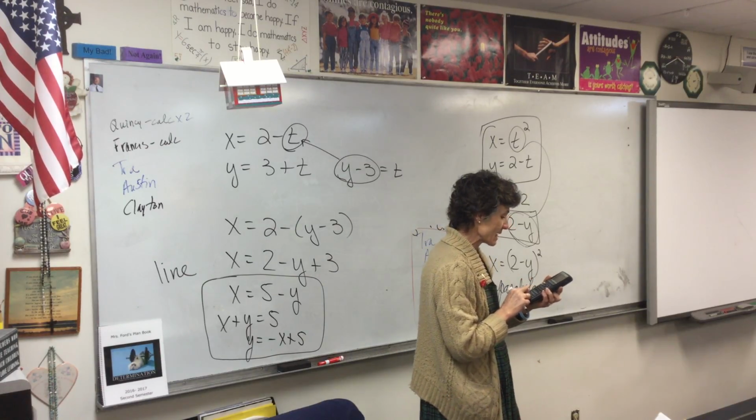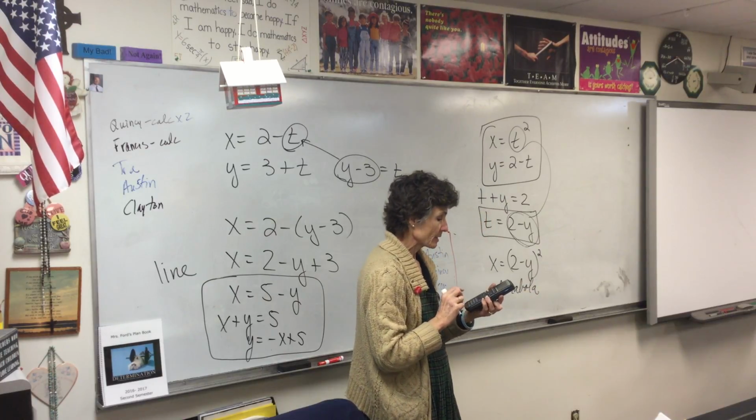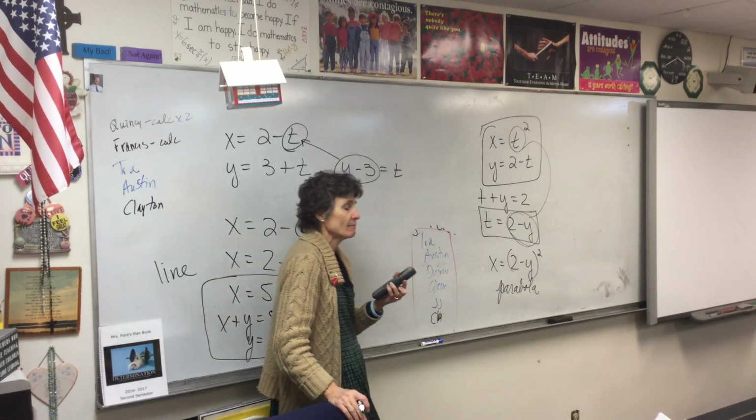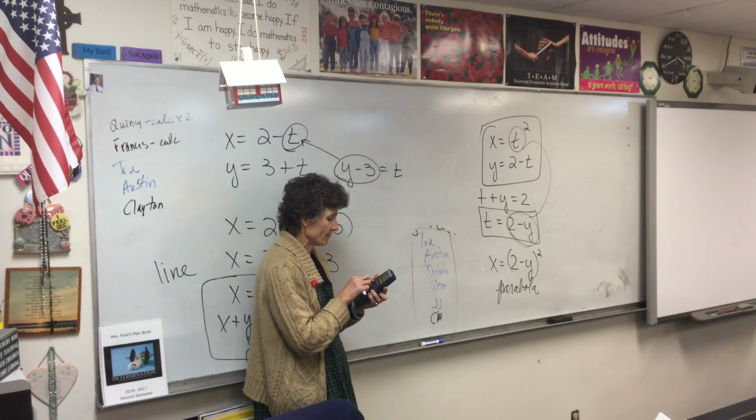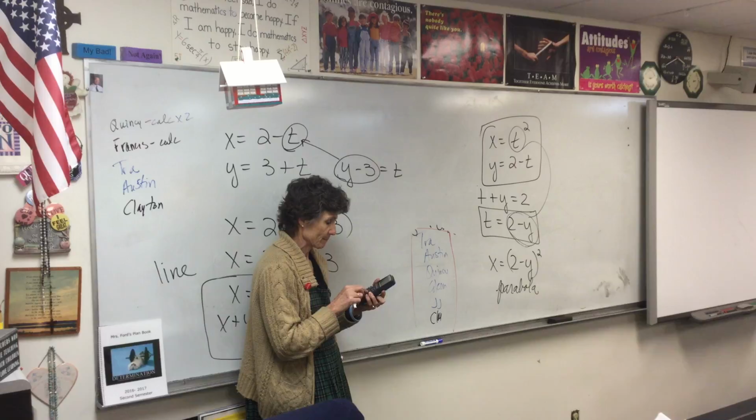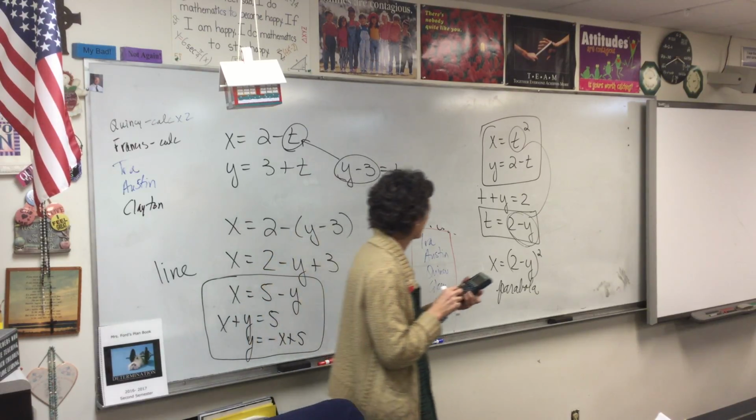I may need to fix that, but let's try it. For X min, X max, negative 100 to 100. Y min, Y max, same thing, negative 100 to 100. What about the Y scale? Just leave them at 1. The scale should always just be at 1.